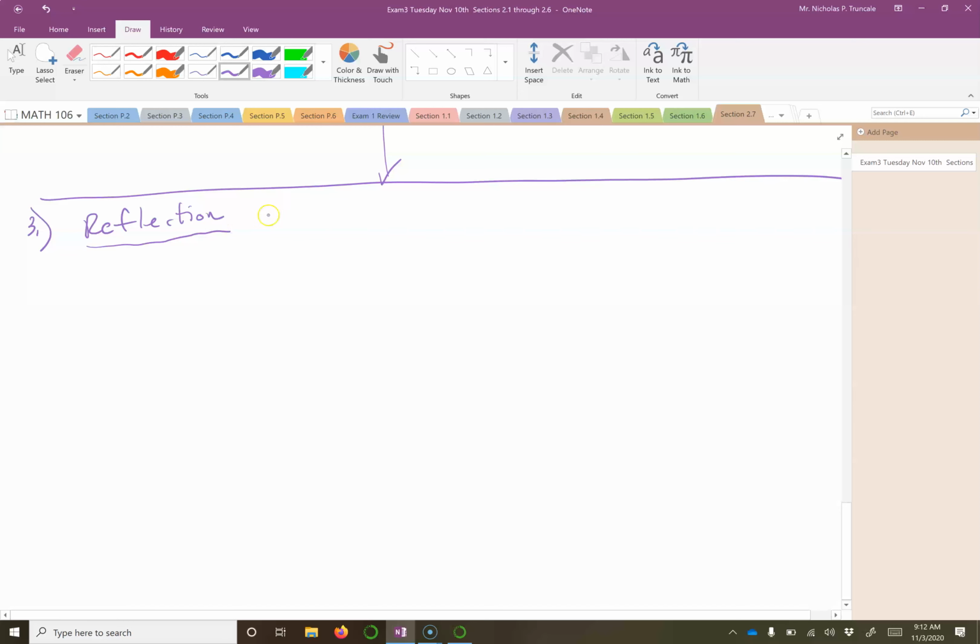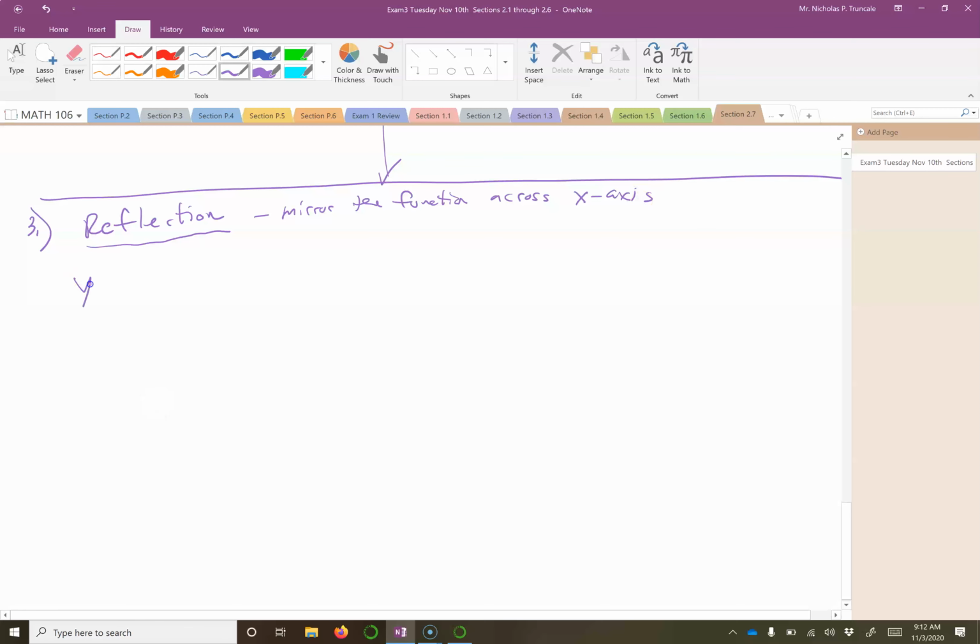I'm going to define this for you as you're going to rotate. Rotate might not be the right word. Let's say this. It's going to be mirror the function across the x-axis. Okay? So what does this look like?